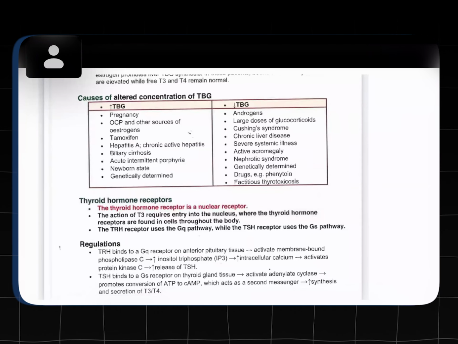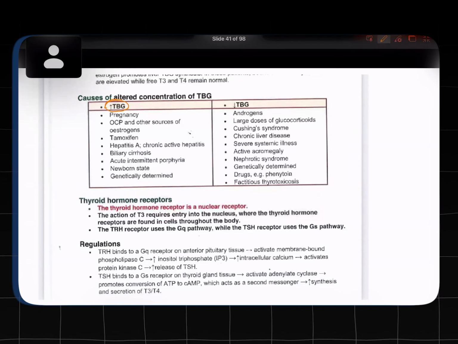Mostly for part one, they often ask what are the causes of raised thyroid binding globulin: pregnancy, OCP, chronic hepatitis, acute intermittent porphyria. These are not that common clinically, but for this exam it is very important, I feel, because although it has not come in the last 2 or 3 diets, before that it came consecutively in a couple of diets.